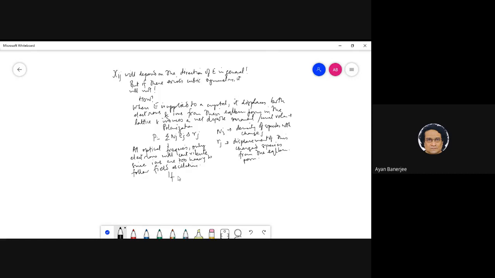So basically, if Ex, Ey, and Ez are the field components, then this eEx has to be equal to minus Kx delta Rj's x coordinate. Is this okay?